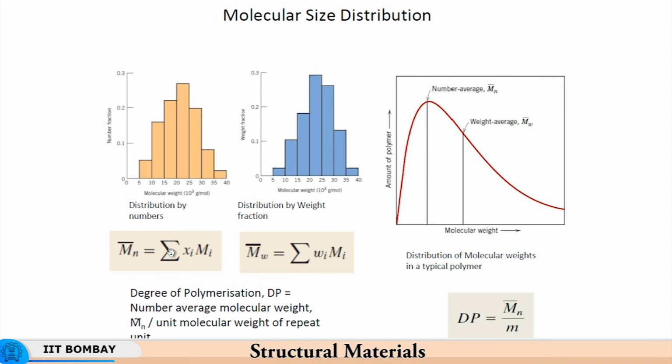So, you are effectively trying to find out how many times the repeat unit has been added, right. M bar n is the number average molecular weight, and the weight average is relatively higher of the two, and m is the molecular weight of the repeat unit. So, you effectively are saying that the repeat unit has got repeated so many times.